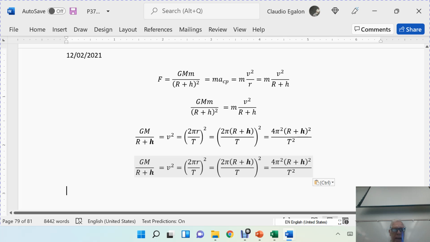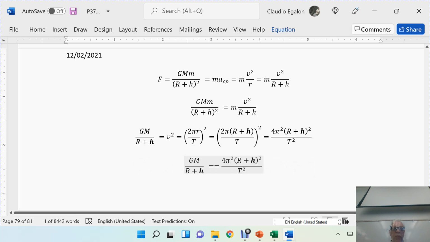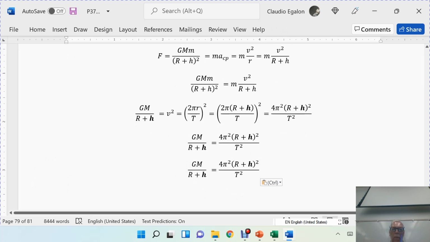And so the important relation that you take from this derivation is this one right in here. And we can elaborate it a little bit more. This r plus h goes to the other side and becomes cubed.